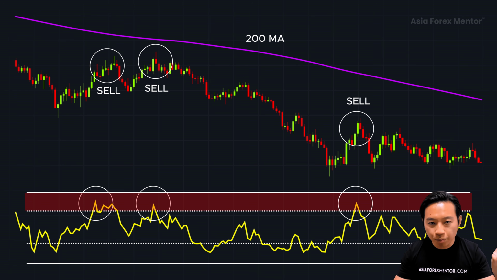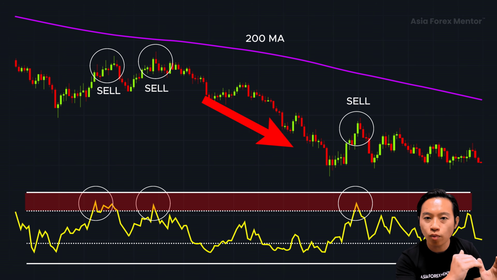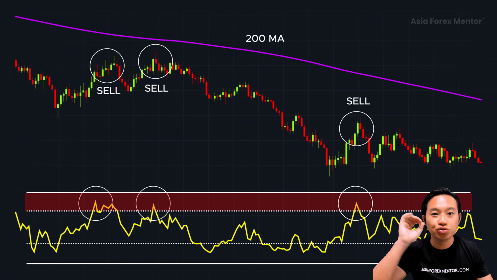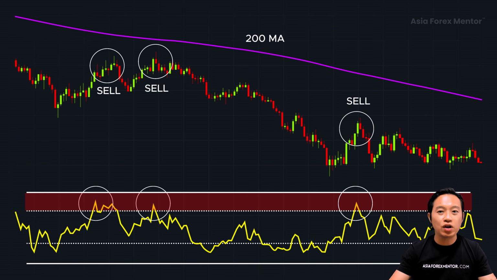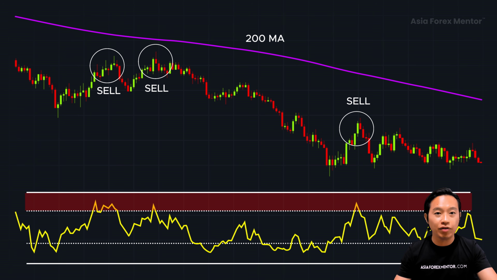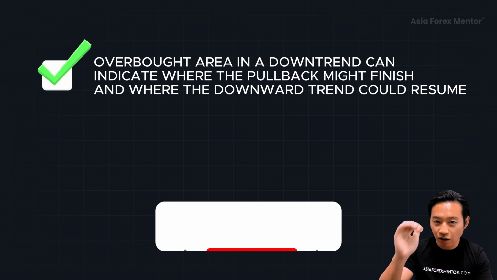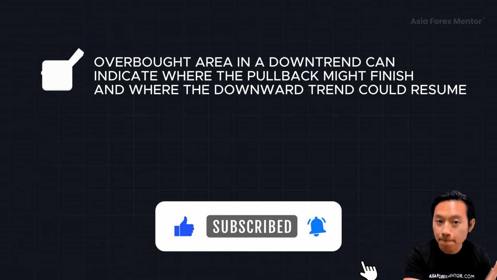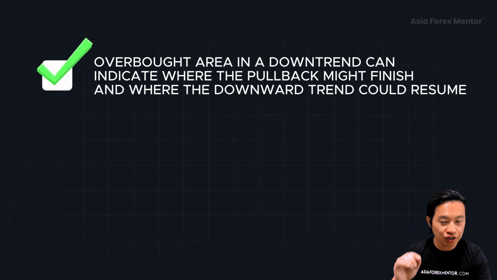So this approach helps you identify where the pullback in this downtrend might potentially end. However, I'm not suggesting that you should just say, I'm going to sell the market right now just because it is in an overbought area. What I'm emphasizing is that the overbought area in the downtrend can indicate where the pullback might finish and where the downtrend might resume.